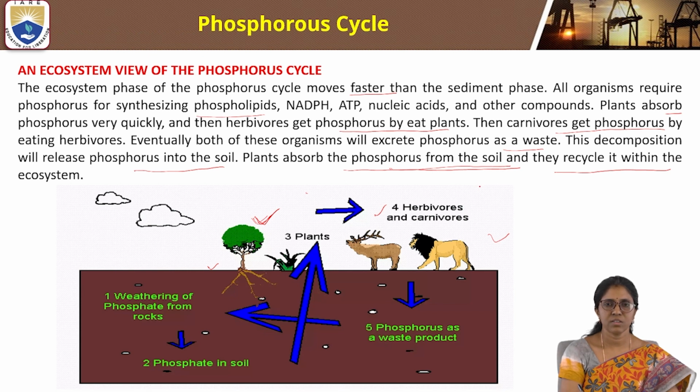Again the plants absorb phosphorus from the soil. So this is the cycle, which is an ecosystem view of the phosphorus cycle.